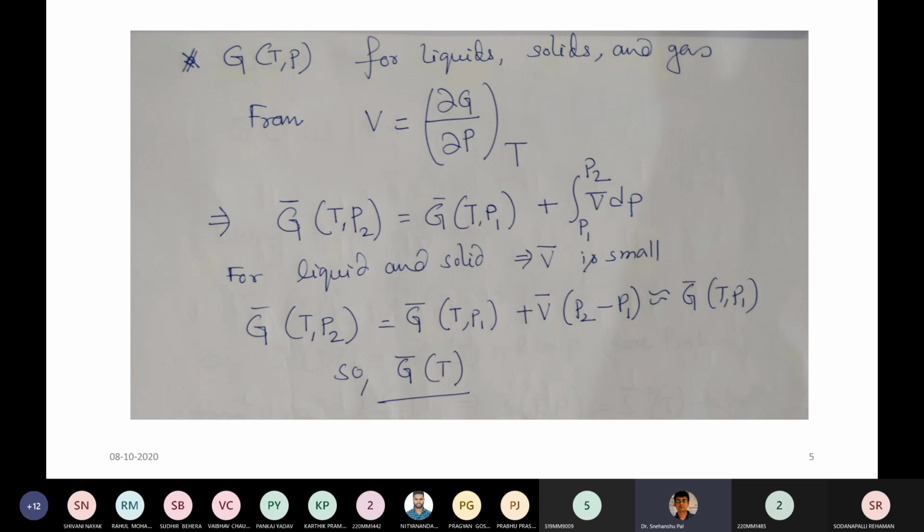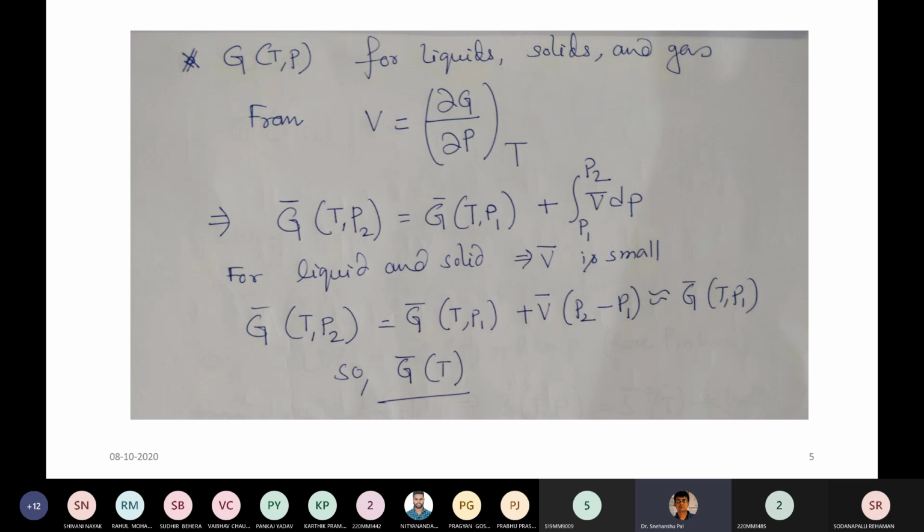If we look at liquid and solid, we can say that with respect to pressure, the change in volume will be negligible or very small, so we can neglect it. The assumption is very practical and realistic. So we can write G at P2 equals G at P1 plus the integral of V dP, where the change in volume is very small. So the Gibbs free energy for the liquid and solid states of matter is basically a function of only temperature on the absolute scale.